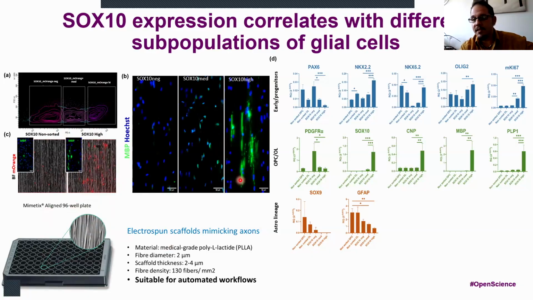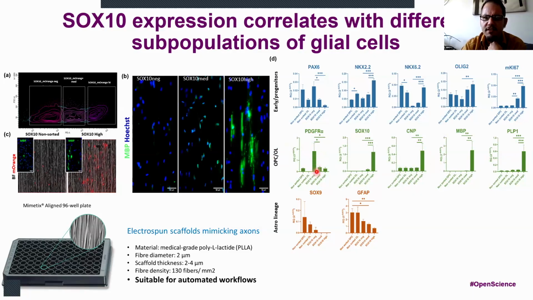When we isolate these cells and analyze their gene expression, we confirm this by seeing that only the SOX10 high cells express a higher level of mature oligodendrocyte genes such as CNP, MBP, and PLP1.